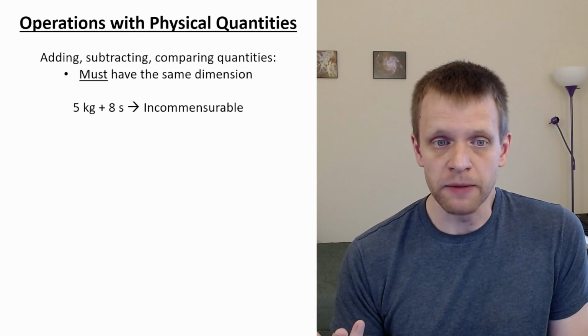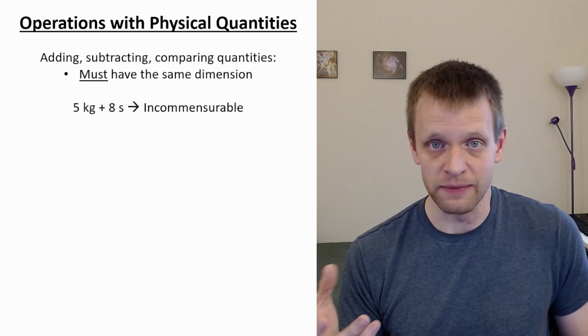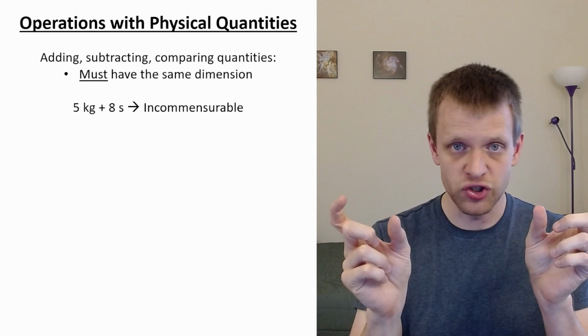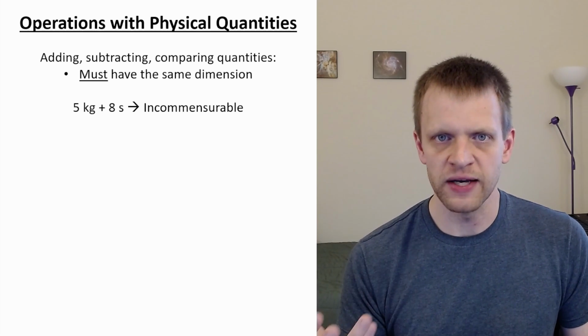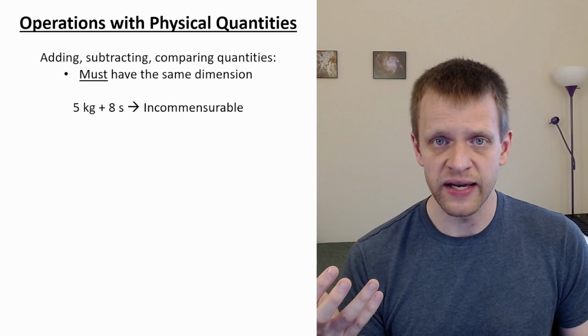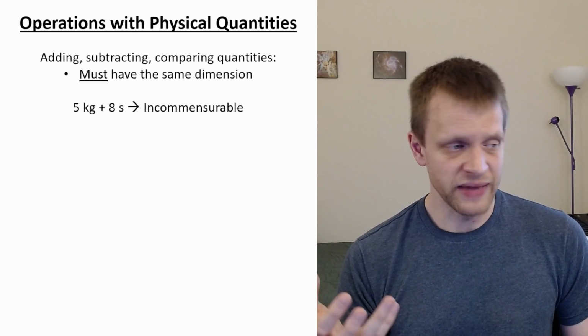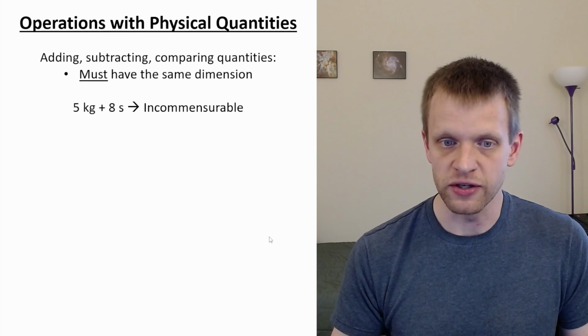Those cannot be combined. It's just a nonsense statement. I'm looking at a mass and a time, and if I'm trying to add those or subtract those or even compare those, I can't say, is 5 kilograms larger than, equal to, or smaller than 8 seconds? Well, that's a nonsense comparison. We just can't compare those particular values.